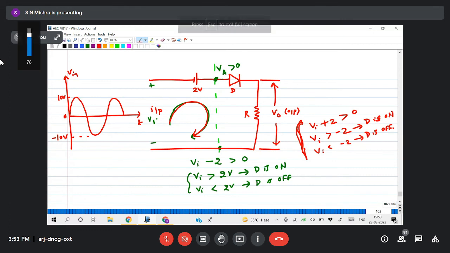Sir, -2. It will be cut at -2. So have you drawn the equivalent circuit and proceeded? Yes, sir. So we'll get V naught equal to Vi plus 2. Yes, Vi plus 2. So the graph will be like this.